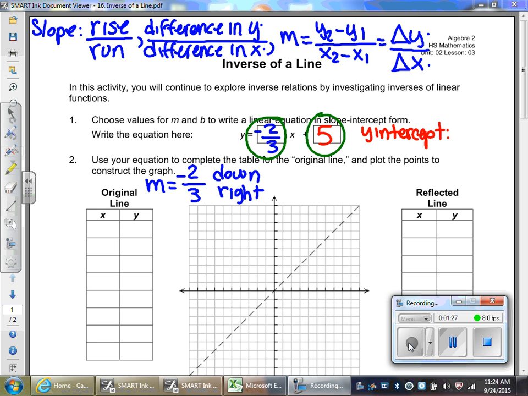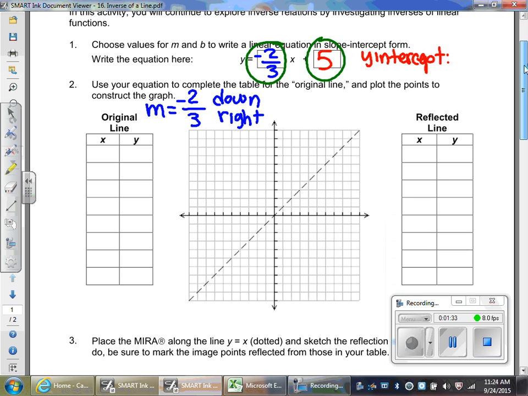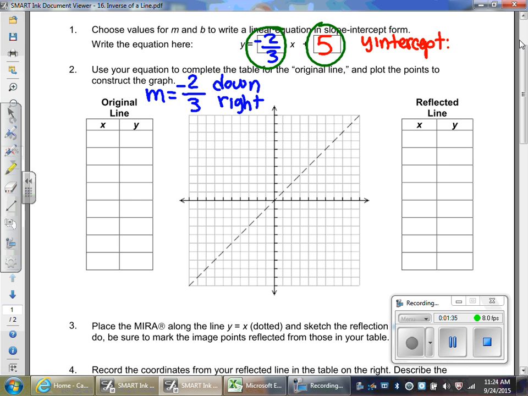And since it is the y-intercept, it is on the y-axis, and we already established that any point on the y-axis will be called y-intercept, right? So if it is on the y-axis, what will the x-coordinate be? 0. So the coordinates of the y-intercept will be 0, 5. So I'm going to plot that point.